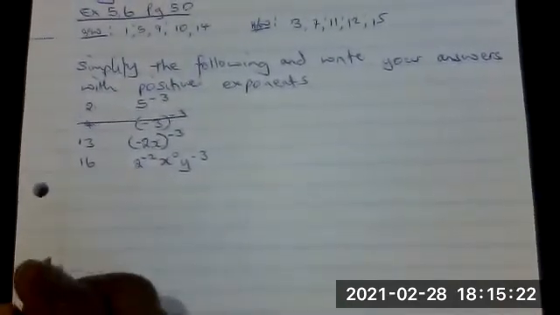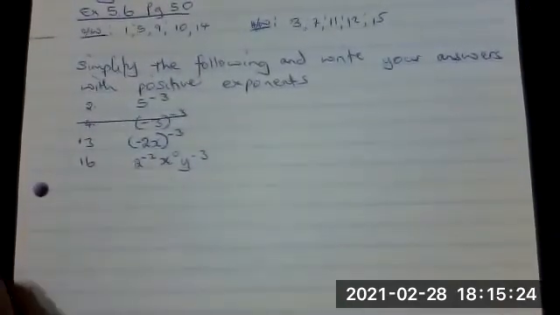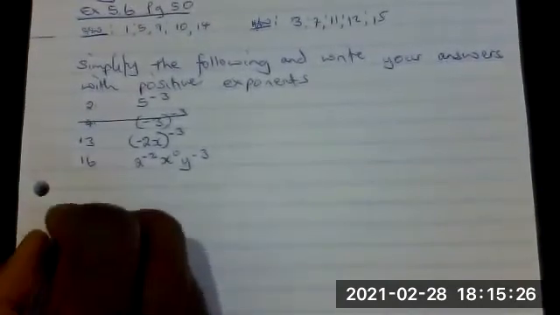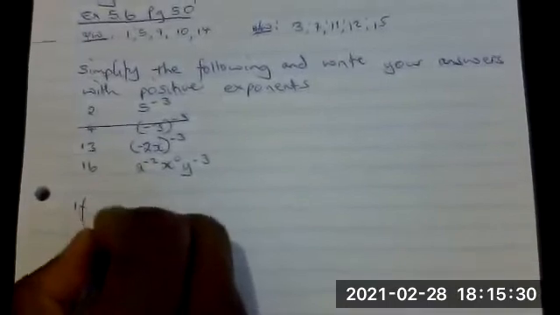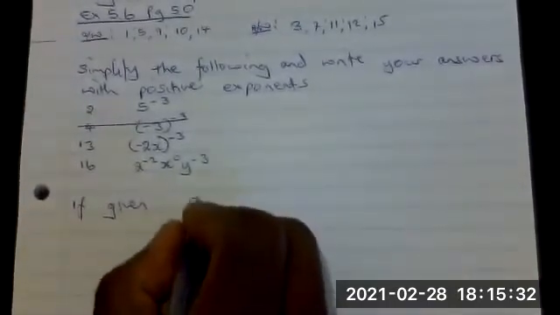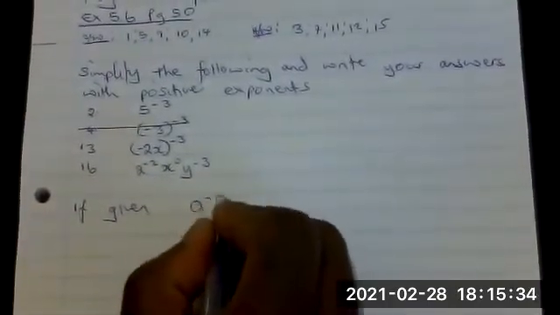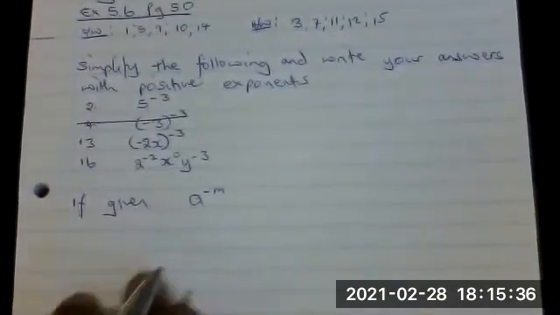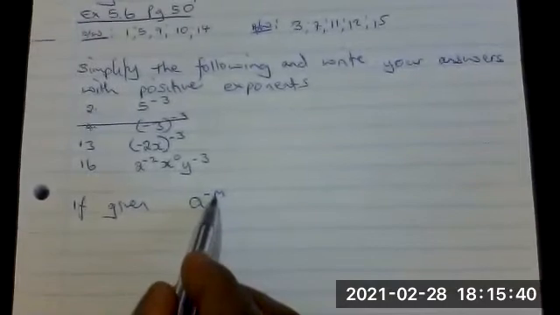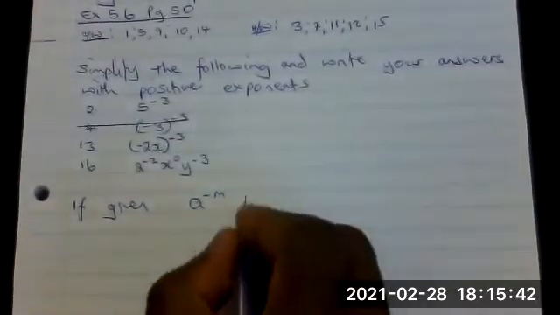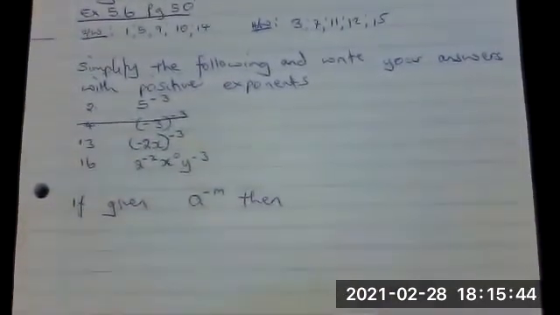According to the negative exponent law, if we are given a to exponent negative m, a base that has got a negative exponent, then we can simplify it.